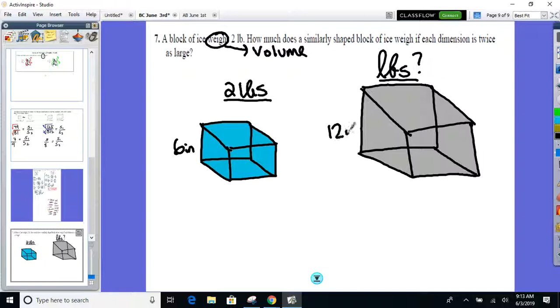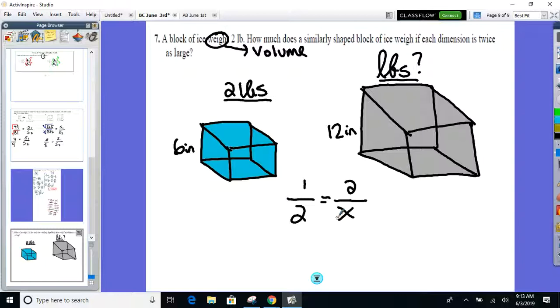12, okay. What's the similarity ratio? 1 to 2. And I know the pounds, in this case, are the volume of the smaller one, which is 2. Okay, I'd get 4 there, but that's not correct, because you're telling me the sides and the volume are always in the same ratio. I need you to adjust that for me.